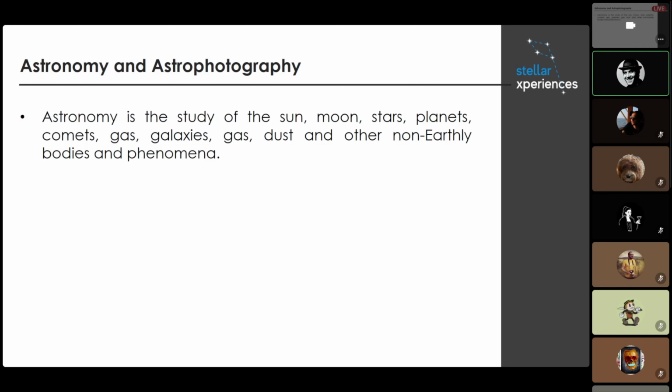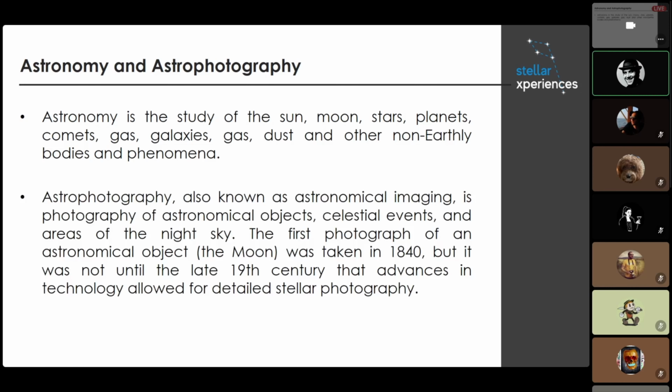They even discover planets around other stars. They discover comets and everything. And astrophotography, or in other words, astronomical imaging, is a type of photography that shoots astronomical objects, celestial events, and areas of the night sky.